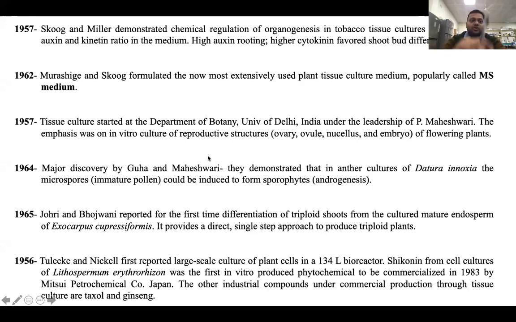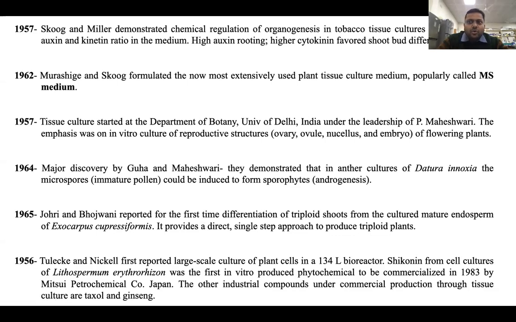Anyways, coming to the Indian perspective of tissue culture, it was started in 1957 in the Department of Botany, Delhi University, under the leadership of Dr. Panchanan Maheshwari. Then there were several big names, one of which you might have heard about, Guha and Maheshwari.